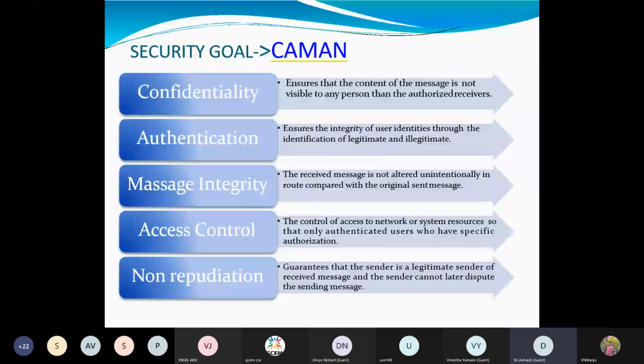For example, you remember that for the non-repudiation purpose, we have to maintain the log. So with the help of log, we can ensure that the sender is the legitimate sender as well as the receiver is the legitimate receiver, so that later on the sender cannot have any dispute. Okay.